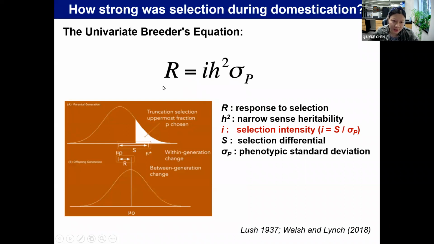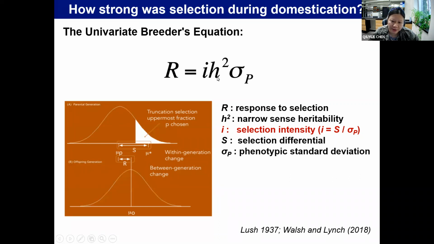The next question is, how strong was selection during domestication? We applied the univariate breeder's equation to calculate the selection intensity. In this equation, R stands for the response to selection, and i is the selection intensity.